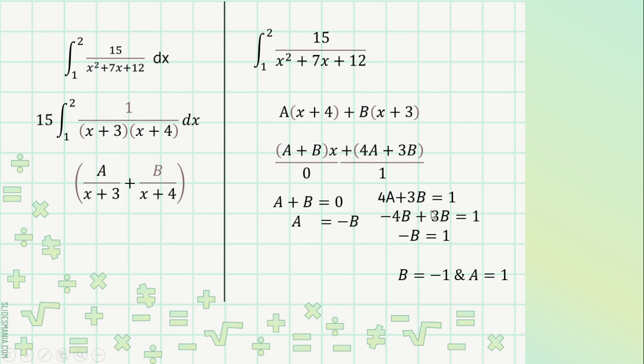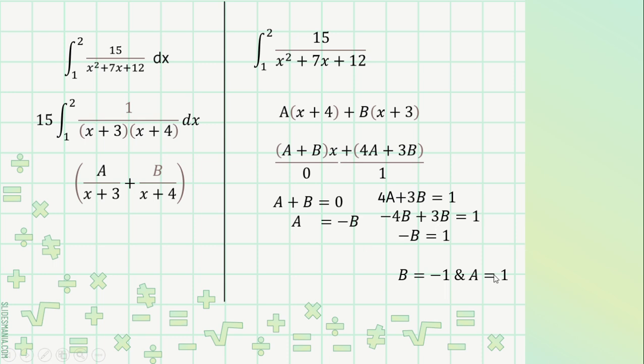Since minus 4 plus 3 is minus 1, it will be minus b equal to 1. So we know that b is equal to minus 1.